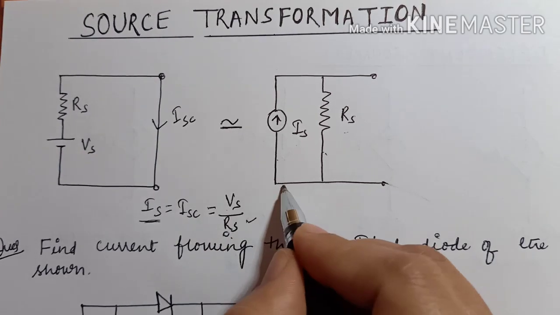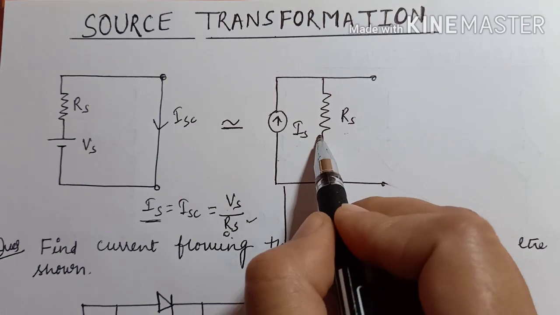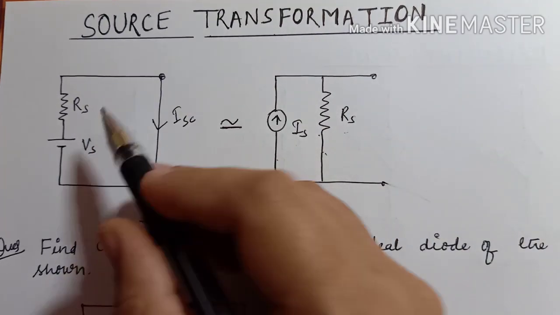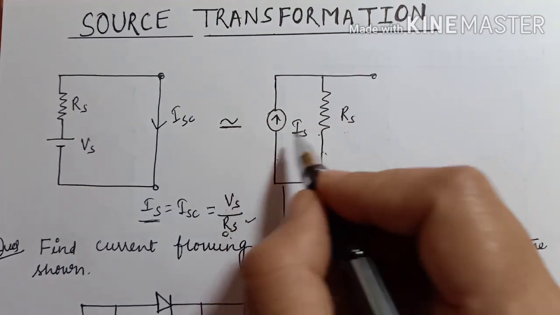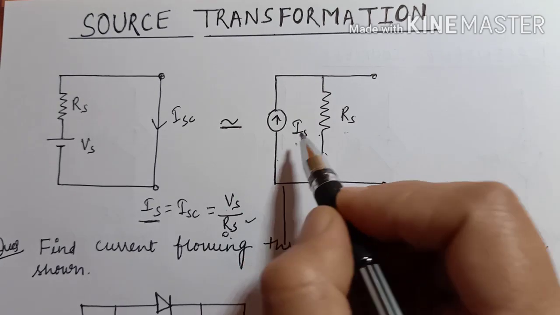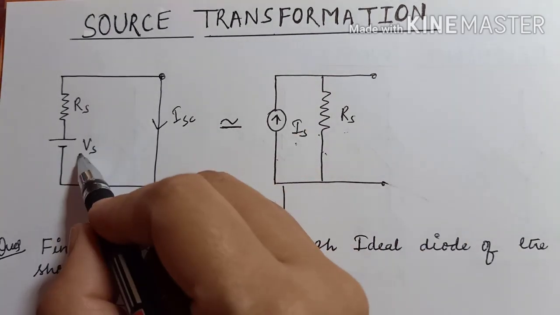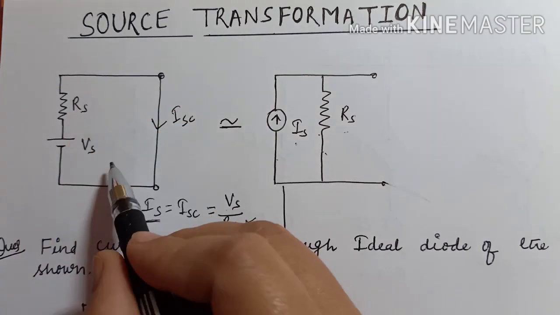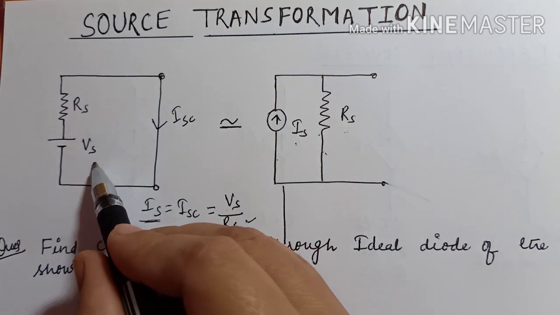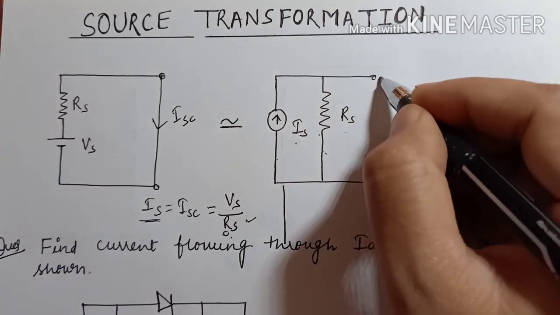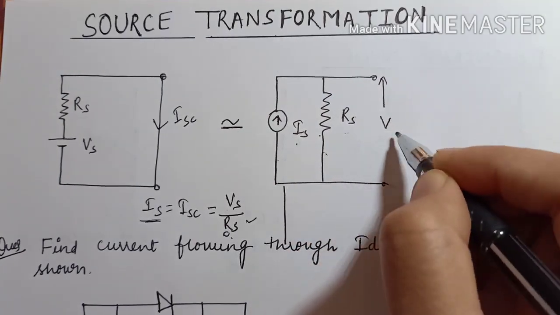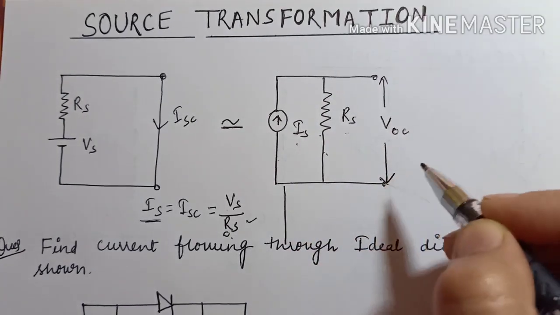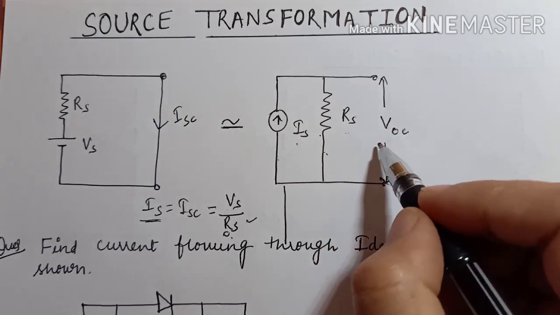Clear? Similarly, let's say you are converting this current source into a voltage source. The voltage source will be connected in series with the internal resistance. Then what will be the magnitude of this voltage source? Let's say the voltage across the current source is VOC, because this is open circuit, that's why I have written VOC.